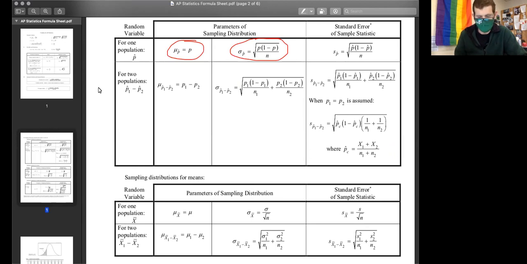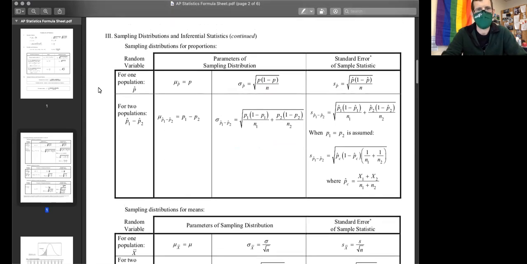I kind of recite it from memory sometimes, and I'll say, remember your standard deviation for a sampling distribution of sample proportions is just the square root of p times 1 minus p all over n. You see me write that a number of times. I'm getting it from right there. So now you can identify where to find it, and understand that there's a logic to the formula sheet.